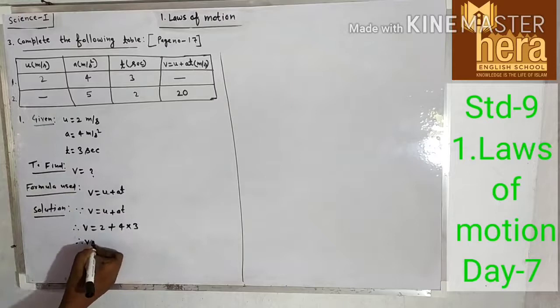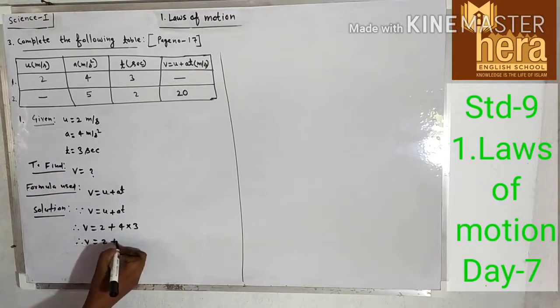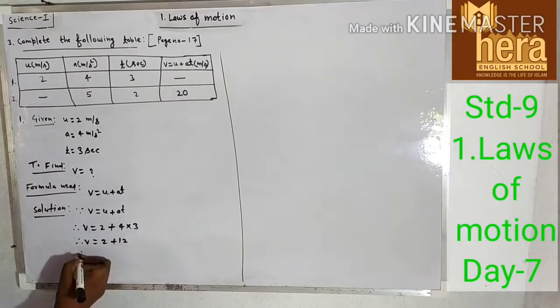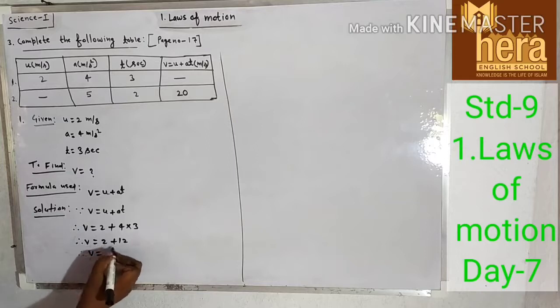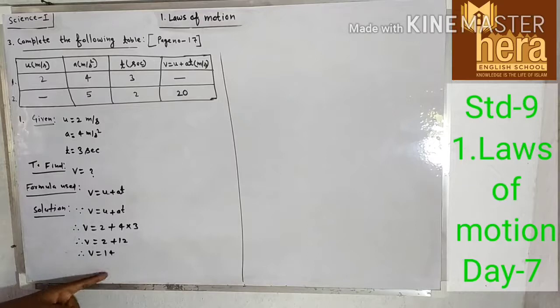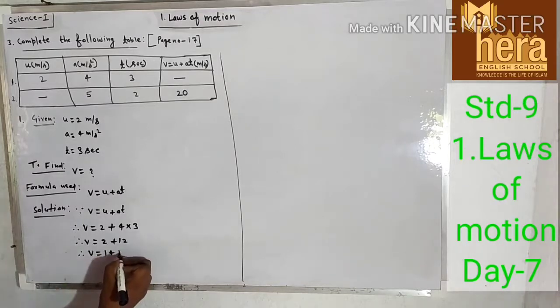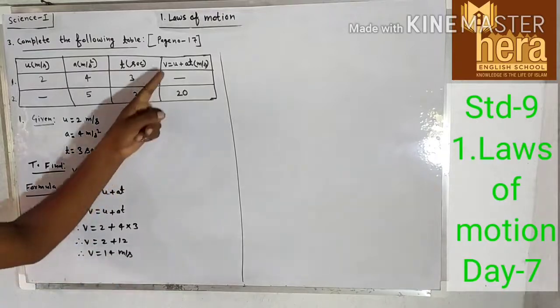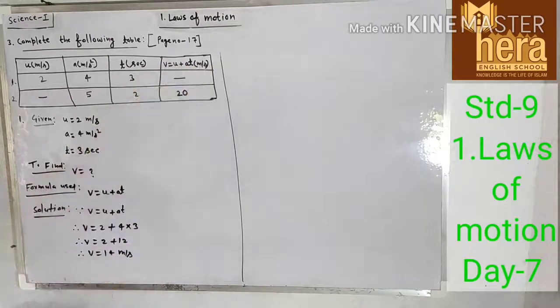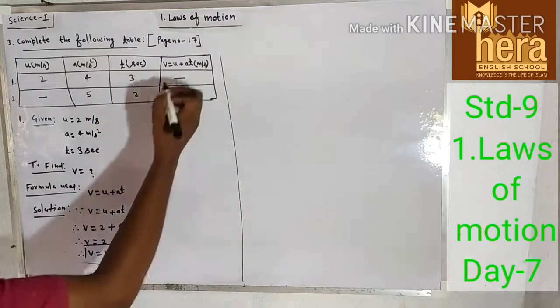So therefore V is equal to 2 plus 12, that is 14. 14 what? You must write its unit. 14 meter per second. V, its unit is meter per second. So this is the answer. Okay. So here will be 14, right?